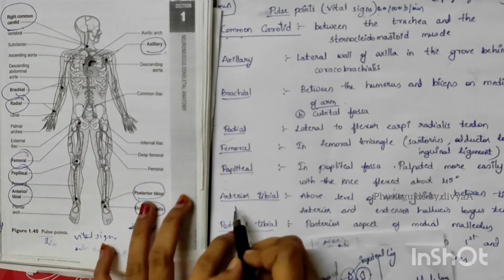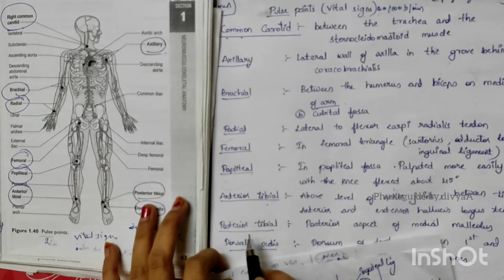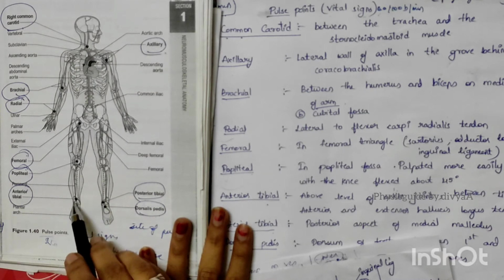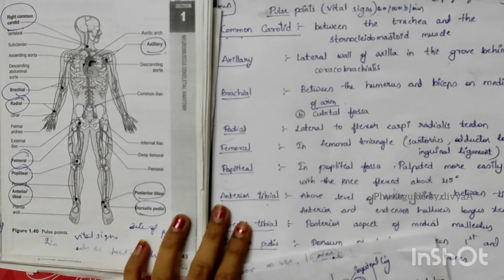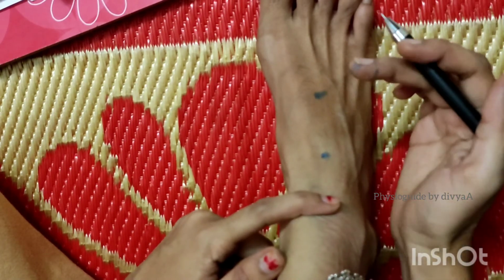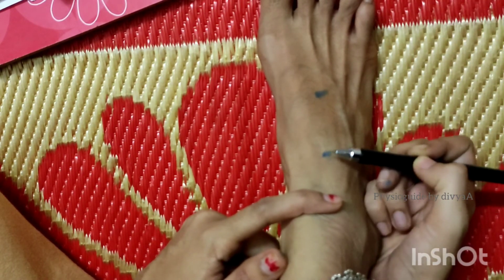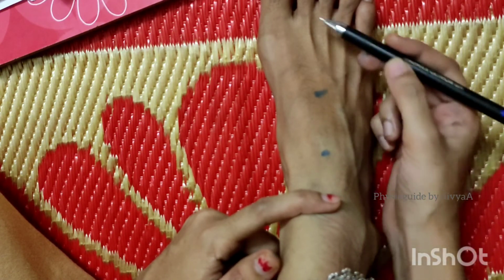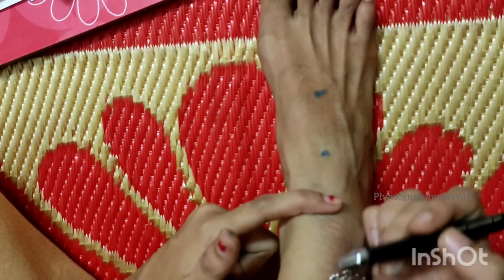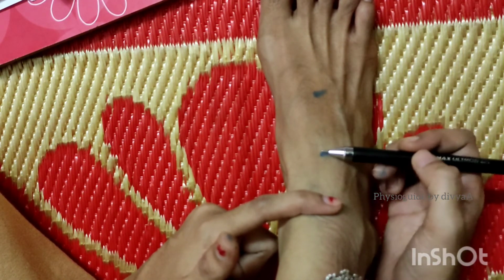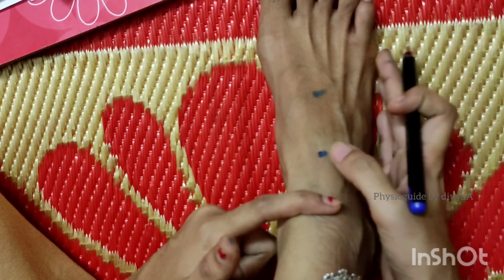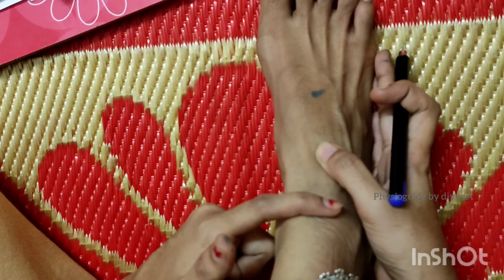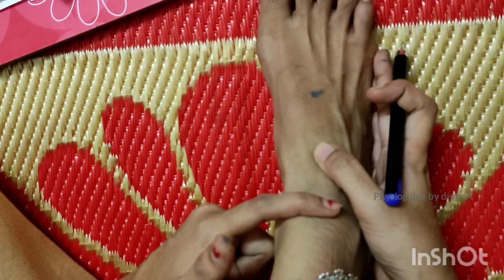Okay. Now anterior tibial and posterior tibial. See here, anterior and posterior. I'll show. Anterior tibial is above the level of the ankle joint between tibialis anterior and the extensor hallucis longus tendon. So in this point, if we palpate, we can clearly feel that anterior tibial.